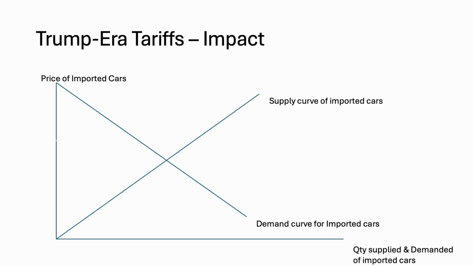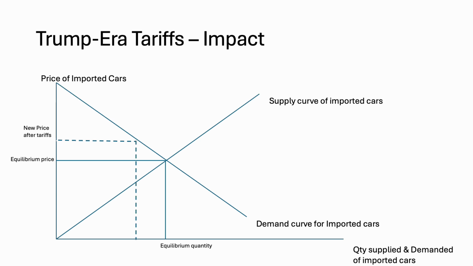These are all which used to be there in the previous equilibrium, so no explanation required. Now, after introduction of the tariffs, the prices of imported cars go up to factor in the impact of tariffs, as represented by a dotted line connecting between y-axis and the demand curve in the model.